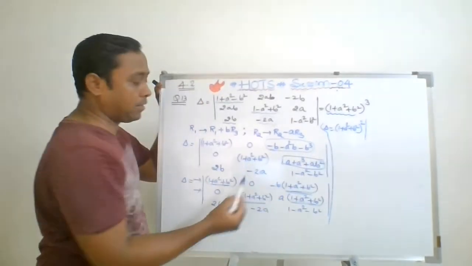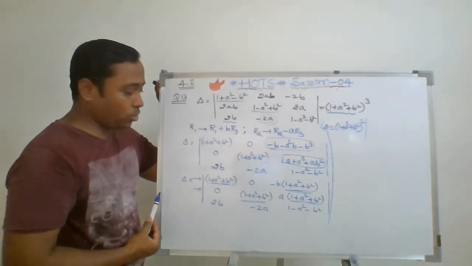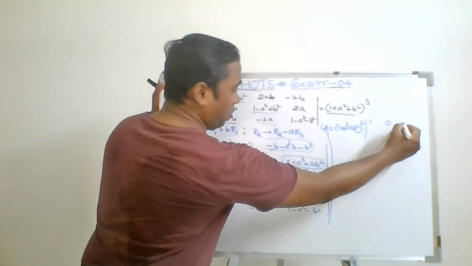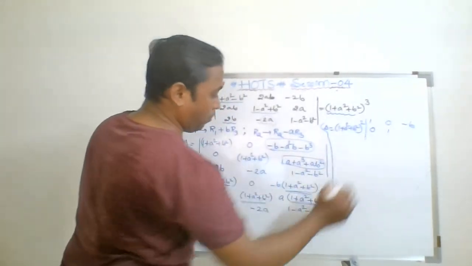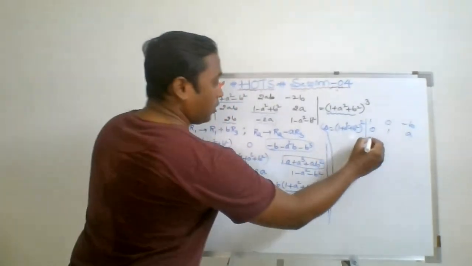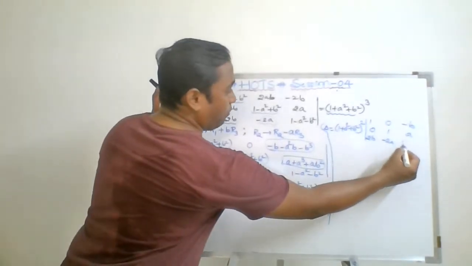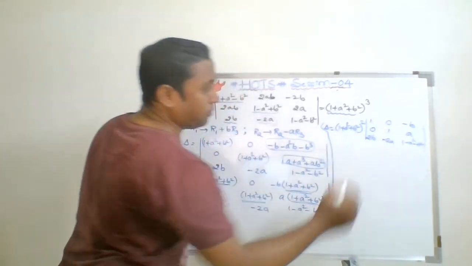One factor came from R1, and the second factor I took common from R2. So the left factors are 1 0 minus b, 0 1 a, and 2b, minus 2a, 1 minus a square minus b square. That's it.